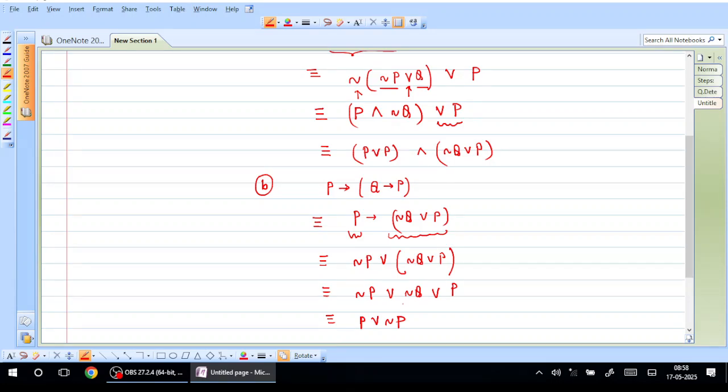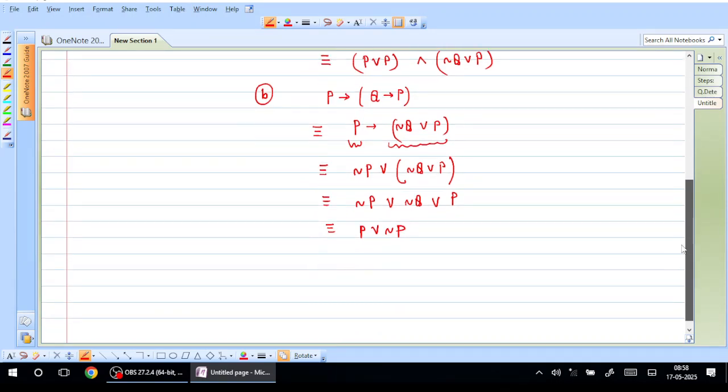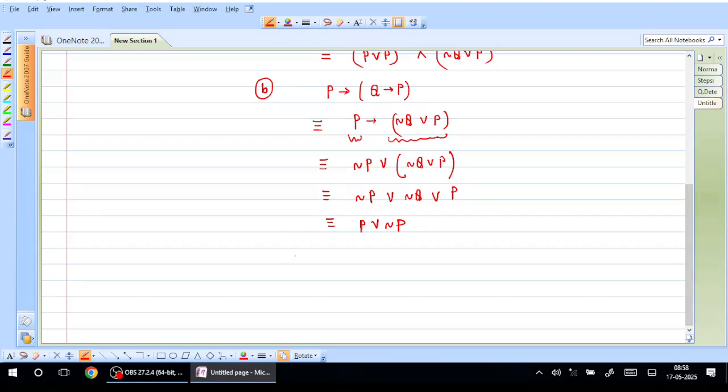This is the way by which I can handle it. Suppose I take one more problem in order to understand biconditional. Biconditional has two forms. Which one we have to use, I have already discussed, so that should be taken care of.